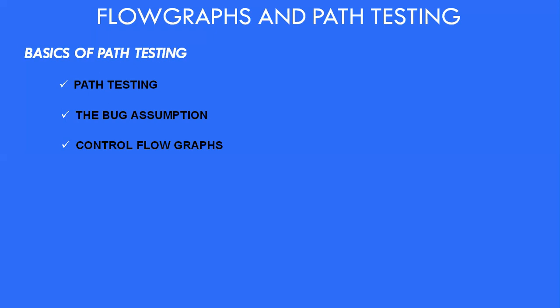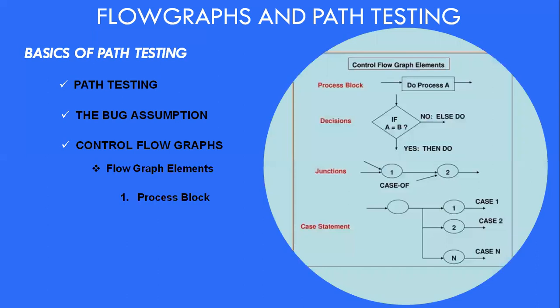So here there are different flow graph elements. A flow graph contains 4 different types of elements: one is the process block, second is decisions, third is junctions, and fourth is case statements.